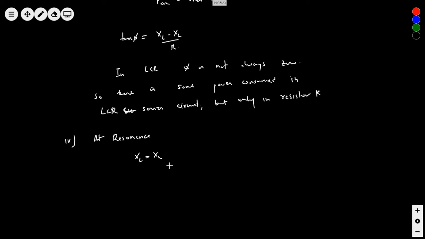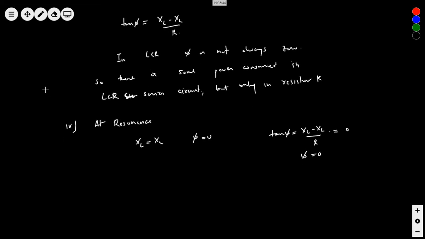What is the power at that time? Phi equals 0, cos phi equals 1, because tan phi is equal to XL minus XC by R, and these two are equal, so it is 0, which means phi equals 0.